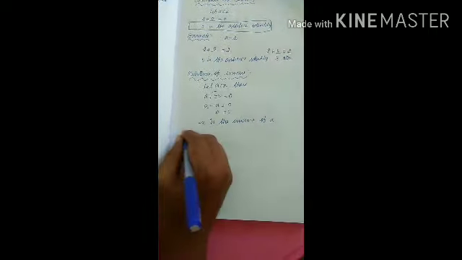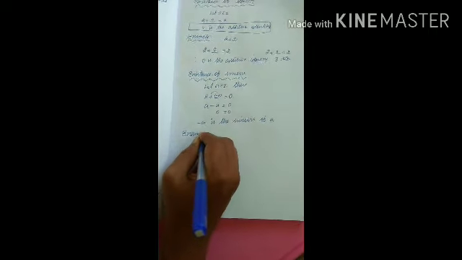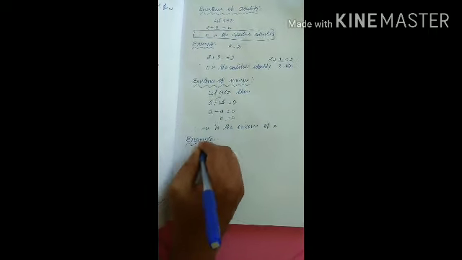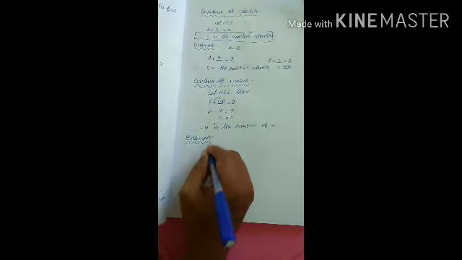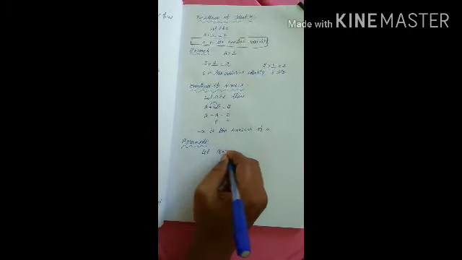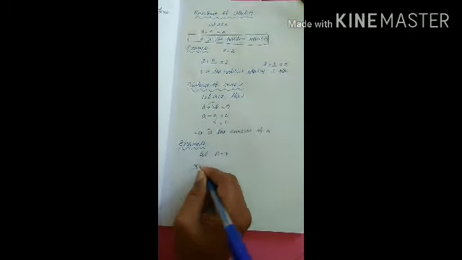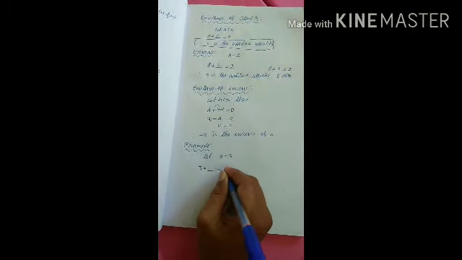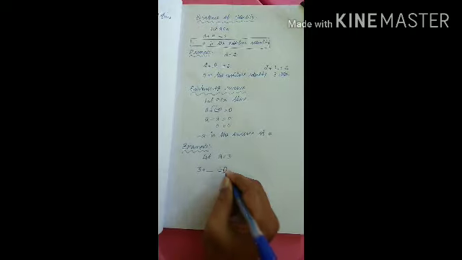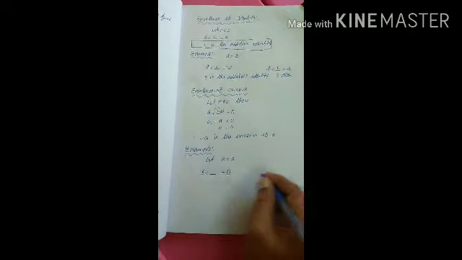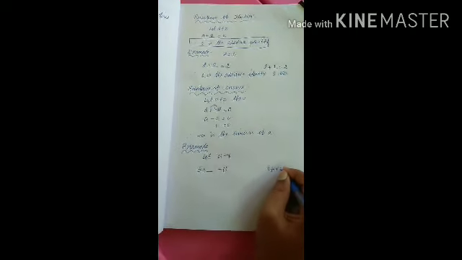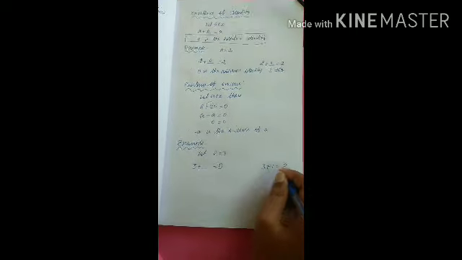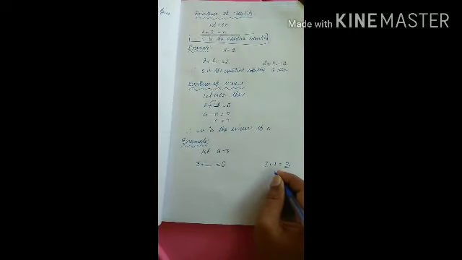Minus A is the inverse of A. Okay, example. Let A equal to 3. 3 plus, we can add any integer, and you will get the additive identity, that is 0. For example, 3 plus 1. We needed 0, but if we add 1, 3 plus 1 is 4.